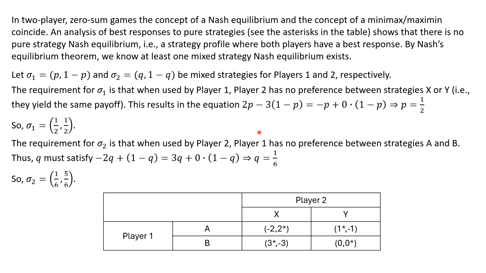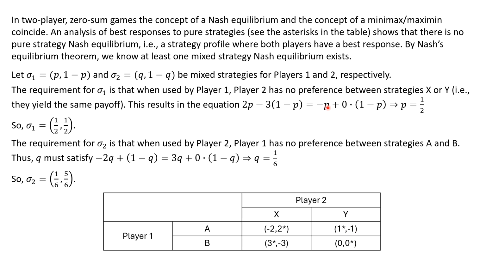So if we do the payoffs for player 2 based on playing strategy X, we have 2 times P, that's the probability player 1 plays A, minus 3 times 1 minus P. And then that needs to equal the payoff here.